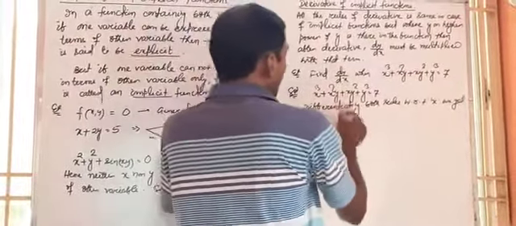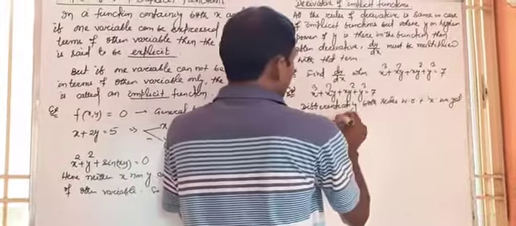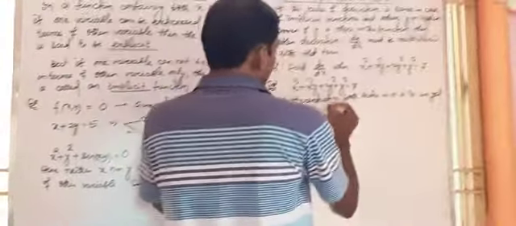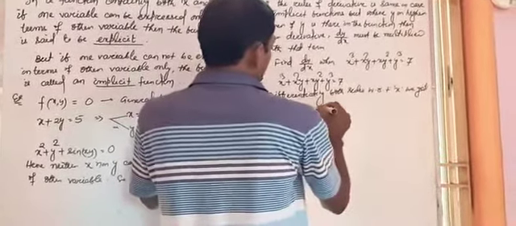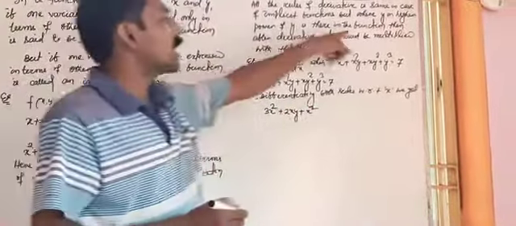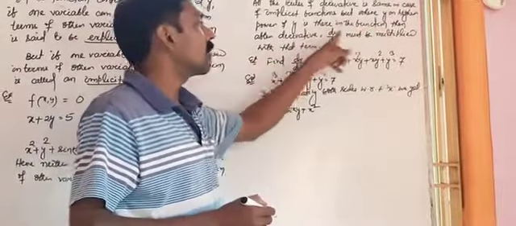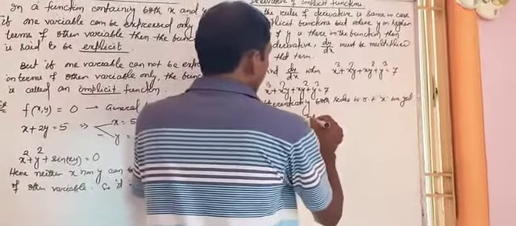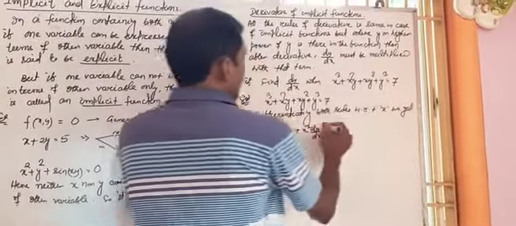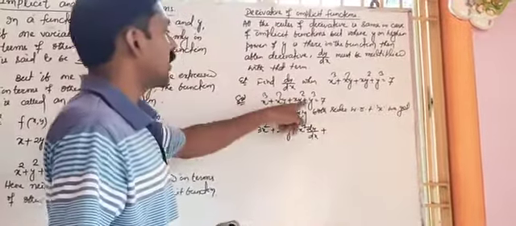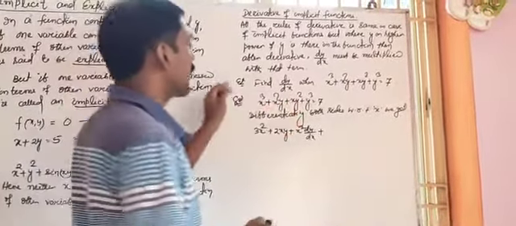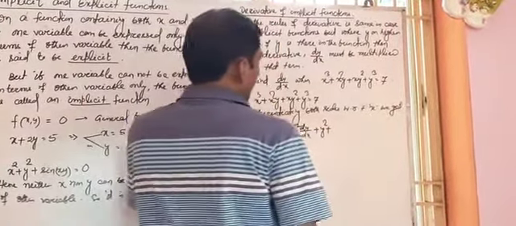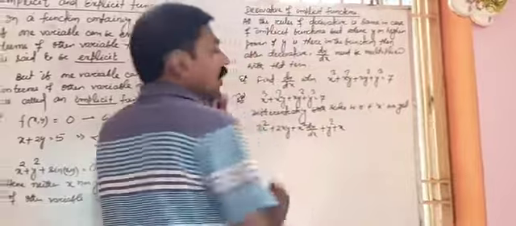So first the derivative of x square is 2x into the second term y, plus x square into the derivative of y.